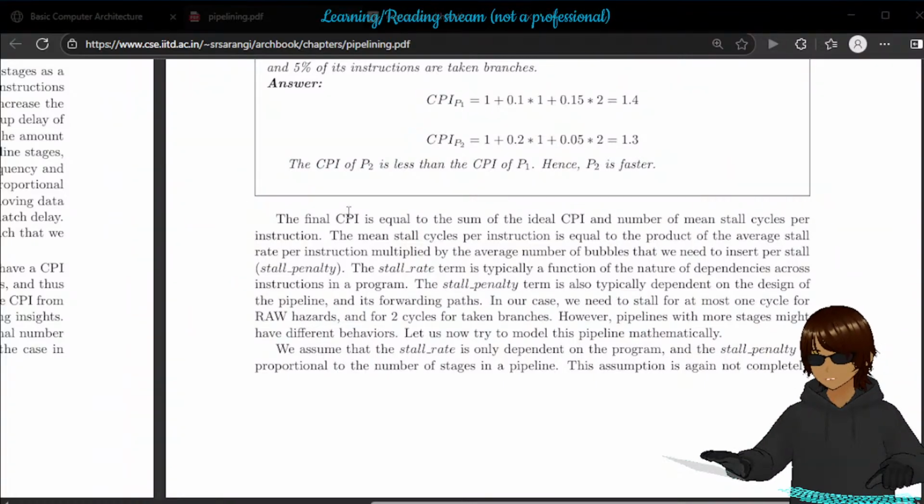Final CPI is equal to the sum of the ideal CPI and the mean stall cycles per instruction. The mean stall cycles per instruction is equal to the product of the average stall rate per instruction multiplied by the average number of bubbles that we need to insert per stall.